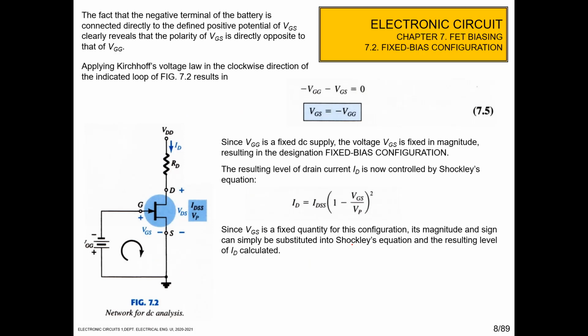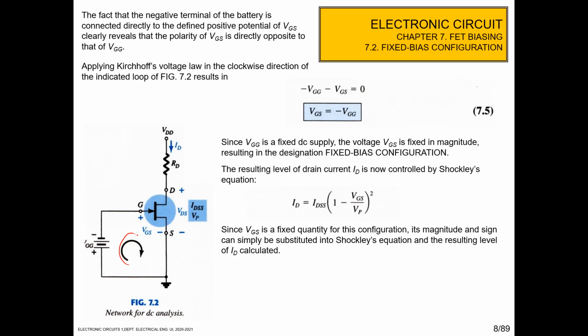In the fixed bias for FET biasing, we connect a negative bias to the VGS. So we can apply Kirchhoff's voltage law here: VGG minus VGS is equal to 0, and then VGS is minus VGG.